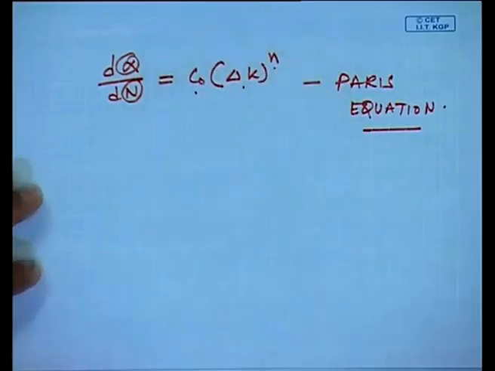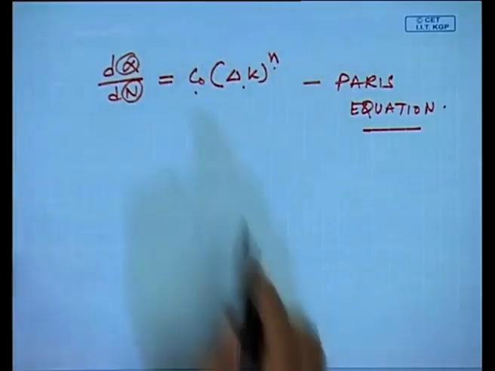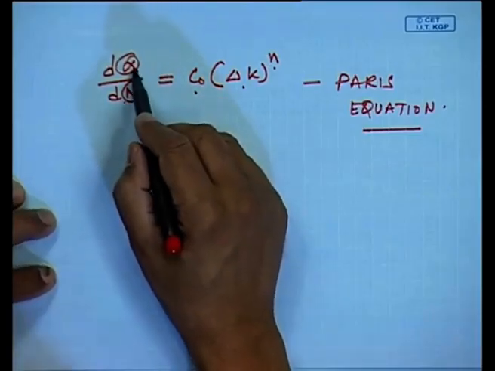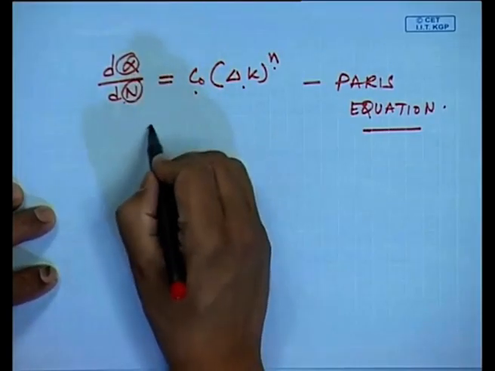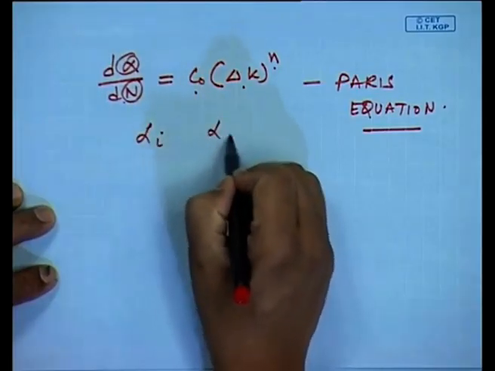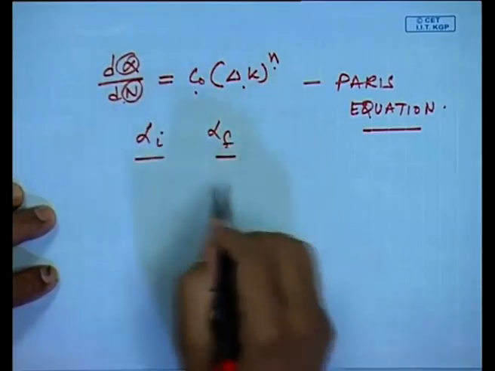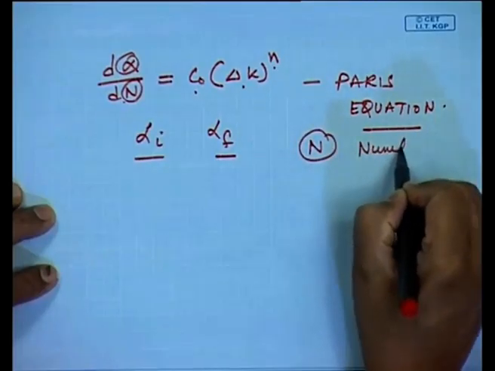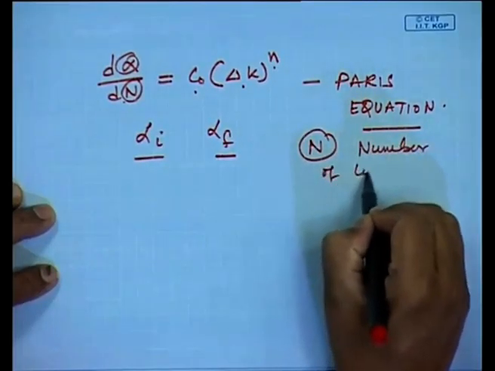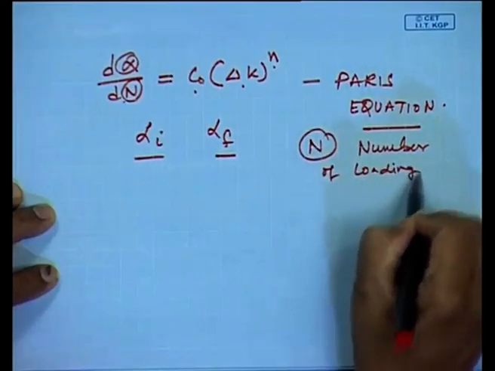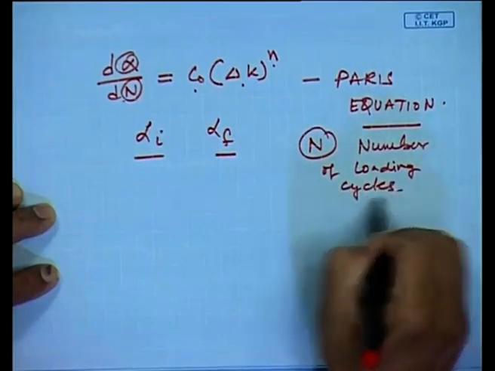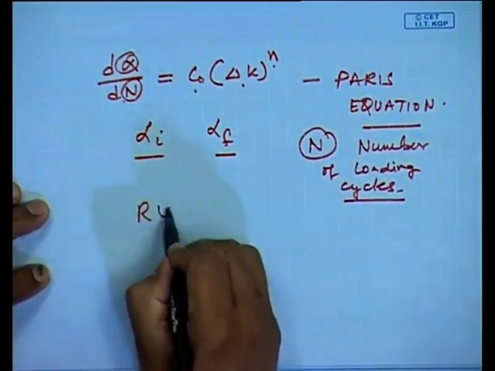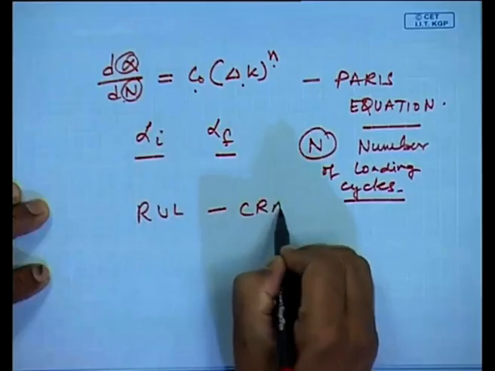We can decide how many cycles this machine can be loaded before a crack grows from an initial length to a final length. And then once N is estimated, we can decide on the RUL for a cracked component.